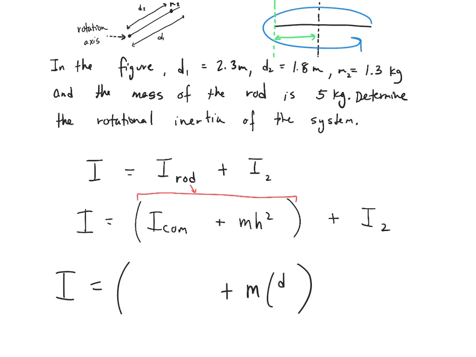So let's put D1 over 2, because that's what the distance is. Remember, this length here is D1 divided by 2. So that's going to go in for h, the distance between those two parallel axes that we just drew. The green and black axes, I'm talking.